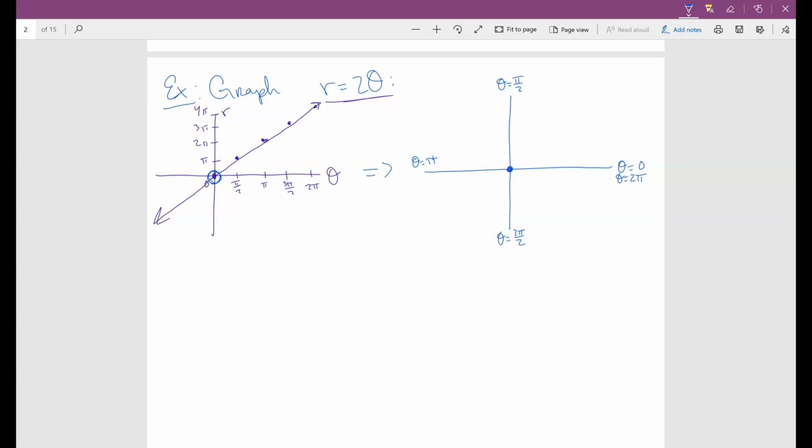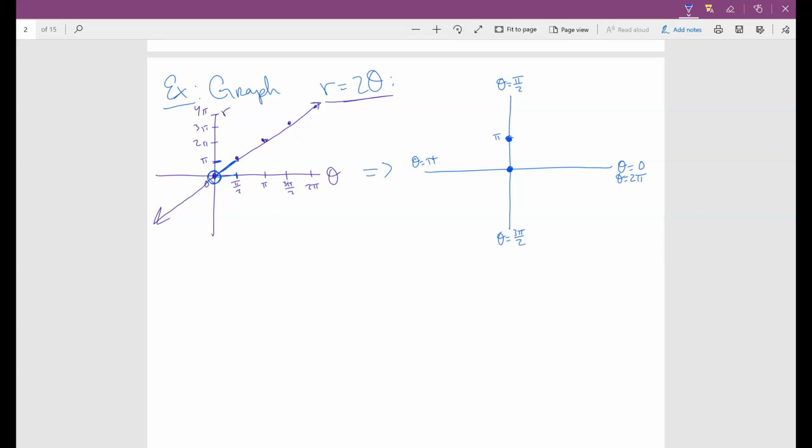I'm at the pole. Now as I go to pi over 2, what am I going to go to? I'm going to go to pi, and pi is about 3.14. So in this direction, at pi over 2, I'm going to go up pi units. In order for me to get from here to here, I have to curve, because there are some angles in between.